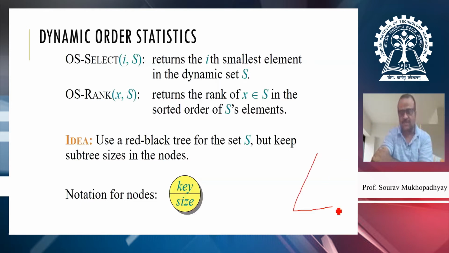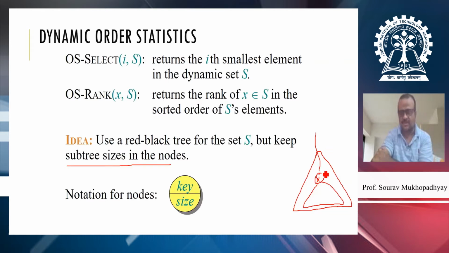So this is a tree, a red black tree. So consider a node X. Here we want to have another piece of information. What is that? Keep the subtree size of this node. So this is a tree, a subtree rooted at this node.